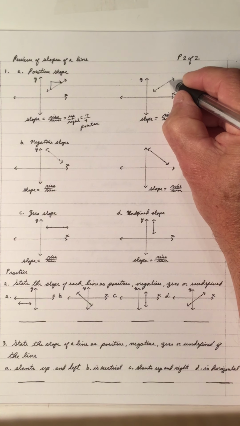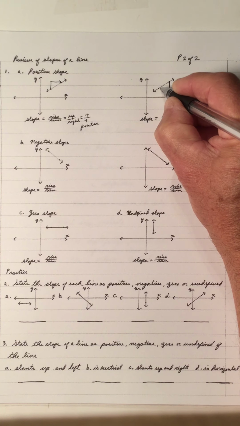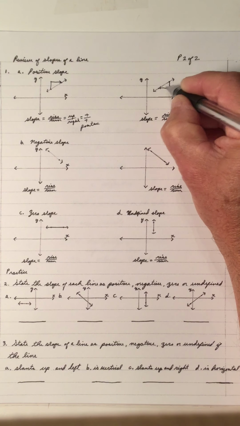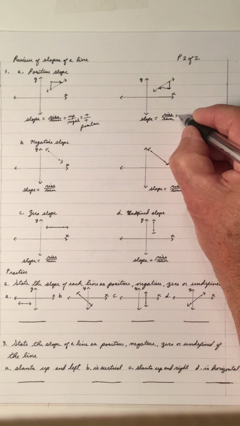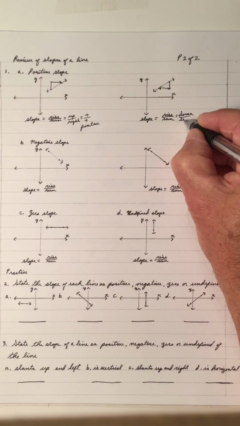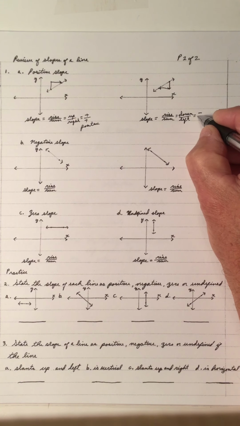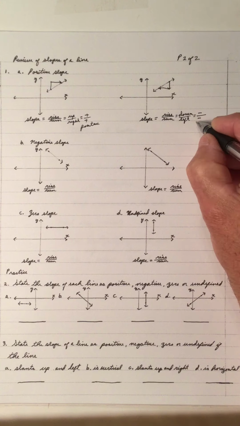Or we can leave the upper point and go down, and we can go to the left. If we do that, let's write it down. We go down and to the left, and down is negative, and to the left is negative. So negative divided by negative is a positive.